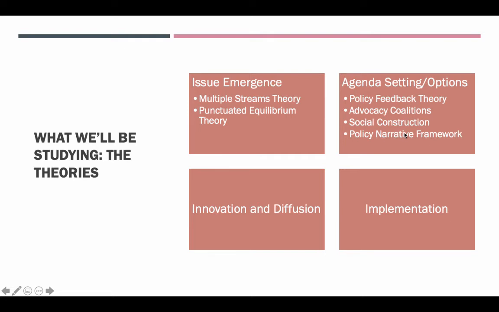But once we have actually chosen a solution, how is implementation done, and how can we zoom out and look at the ways in which that has happened over time? So all of this is to give you a broad understanding of what we'll be looking at the next few weeks, and to set up your learning in a useful way that makes sense for how we'll be studying these things.